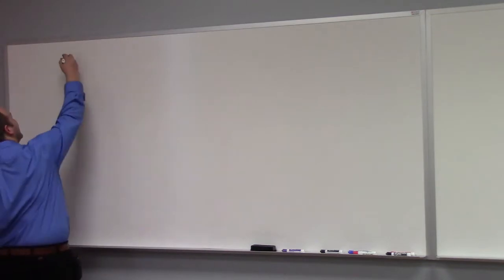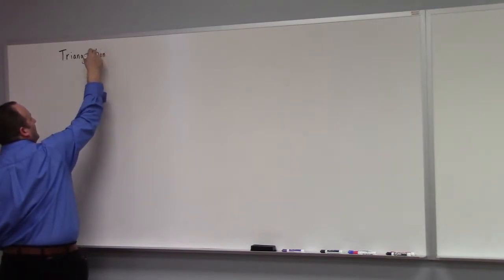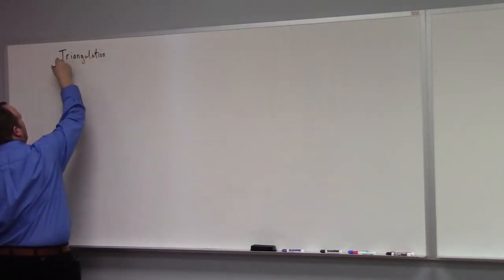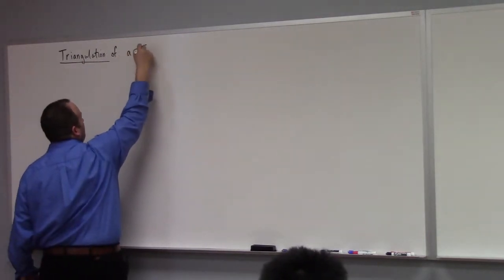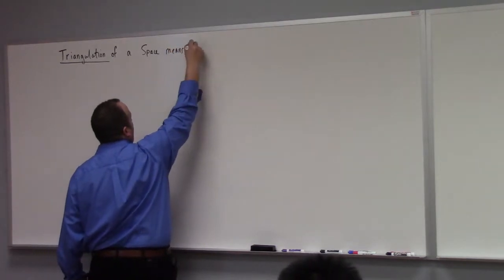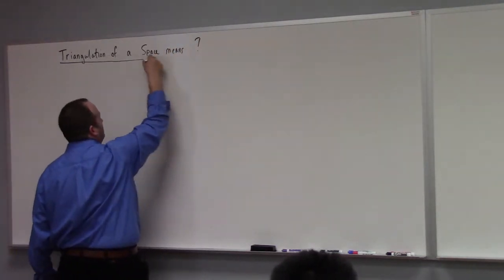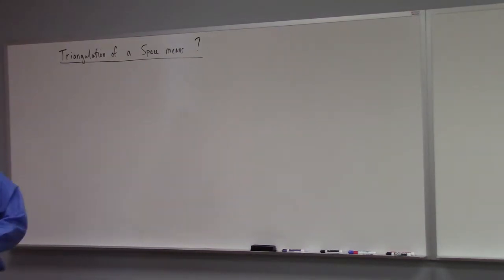All right, so triangulation. What's a triangulation? That's more or less what we want to explain. What is a triangulation of a space? Means what? To get to that concept, I need to build up some theory.